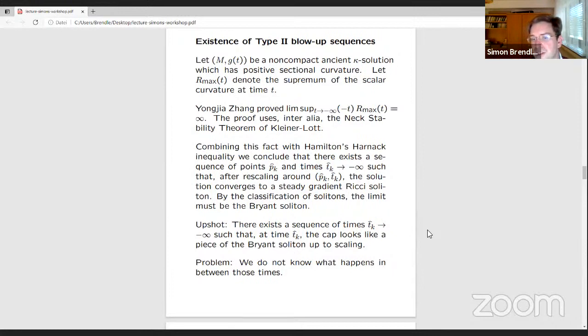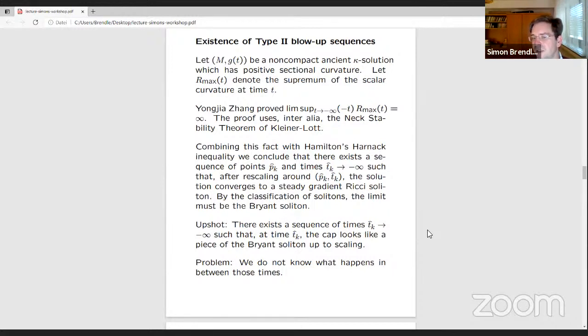Okay, now of course, what we know at this stage is that at every point in time, this thing looks like a cap with a tube attached. That's true at every time. And then there are these special times that come from this type 2 asymptotic.